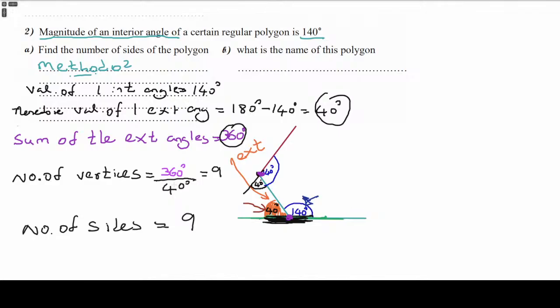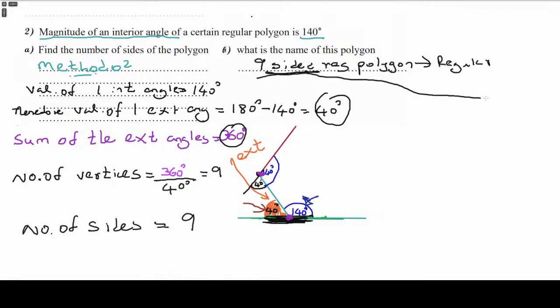Alright. What is the name of this polygon? What do we call a 9-sided regular polygon? There is a special name we give to a 9-sided polygon. For a 9-sided polygon, what is the fancy name we give?